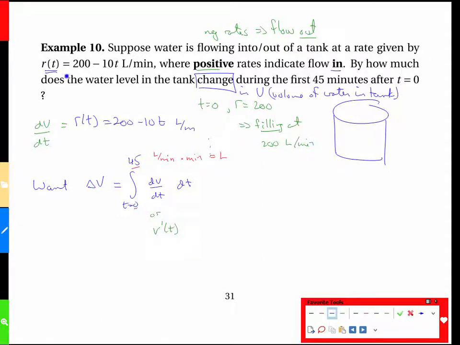We have our integral, and we have a formula actually in this case, so we can actually evaluate this integral. So leave off the t's here. Our rate of change is 200 minus 10t, all that in brackets, dt, and courtesy of the fundamental theorem, we can now find this value by taking an antiderivative.